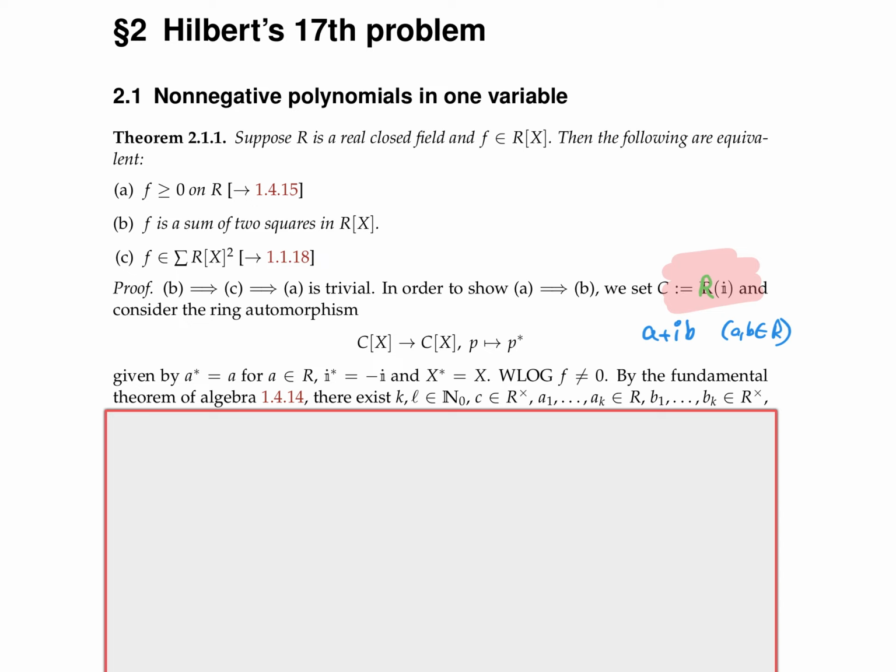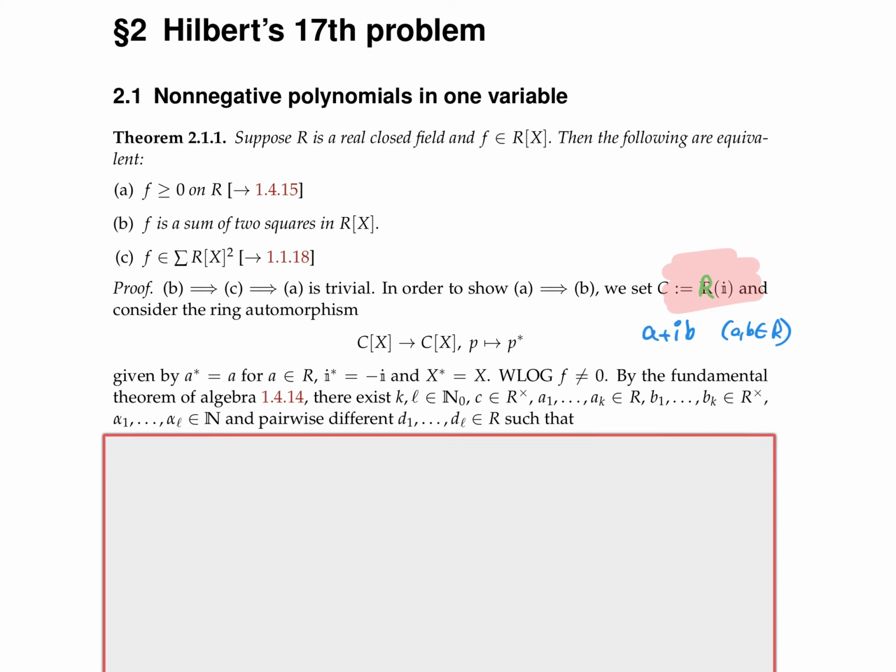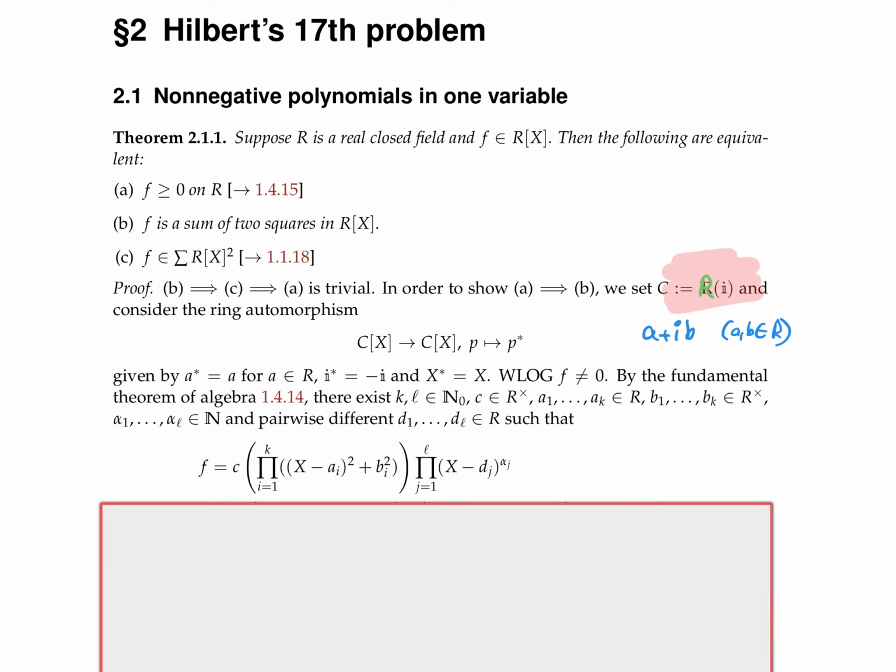So by the fundamental theorem of algebra, let me first write it. f is not necessarily monic, so I can take its leading coefficient c, that's a non-zero element from the field R, and then I have a couple of quadratic factors of this special kind, so the b_i are non-zero, and then linear factors.